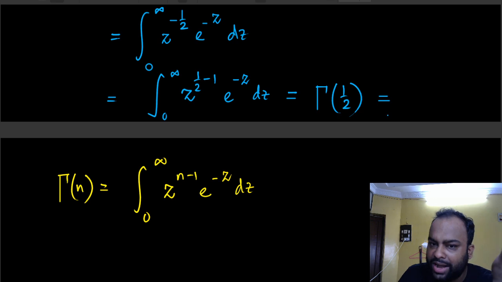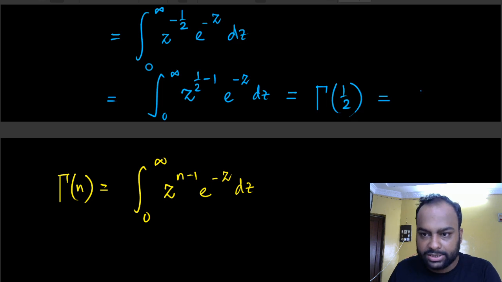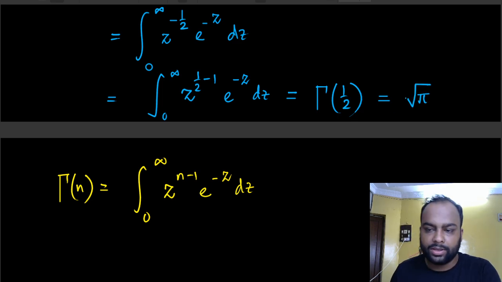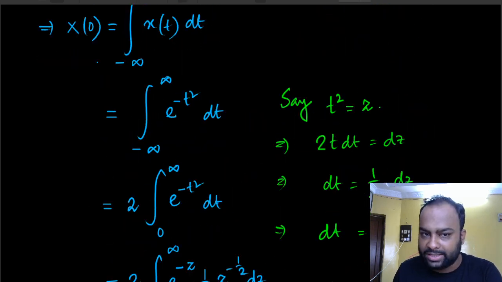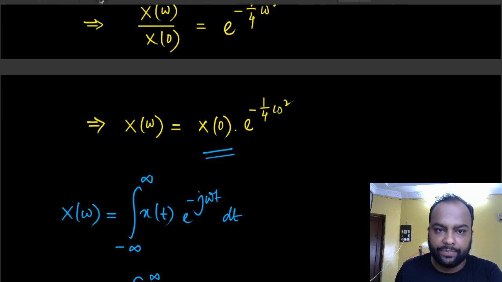This can be evaluated in various ways, and I'm not going to go into that. You can look up the derivation. This can be done through the beta function, through certain formulas, or through a double integration. Anyway, the value of gamma half is known to be root pi. So we have been calculating the value of x0, and x0 turns out to be root pi. So we are kind of done here.